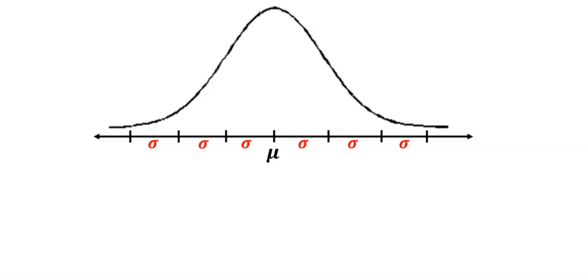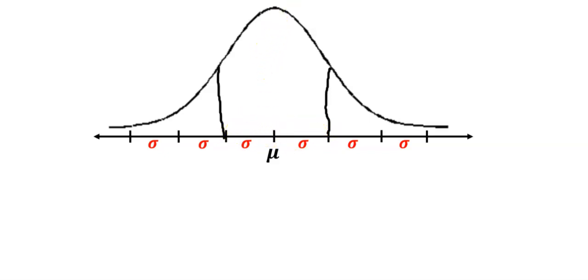Now, having drawn a scale graduated by sigma, if I take my pen and I draw a vertical line right here and another vertical line right here, see I've gone 1 sigma to the right of mu and 1 sigma to the left of mu.